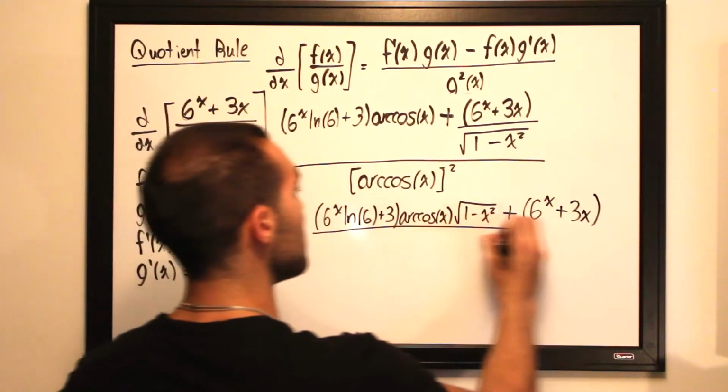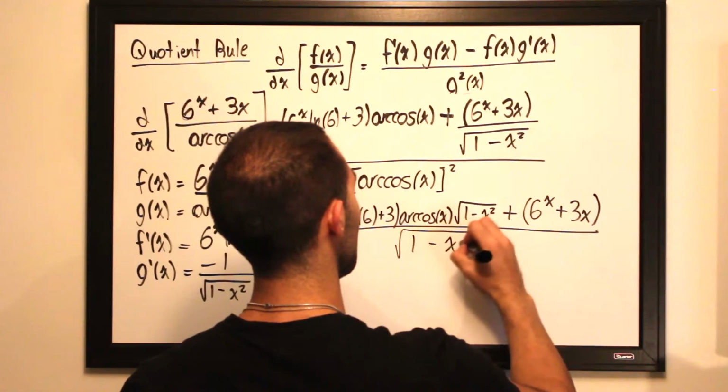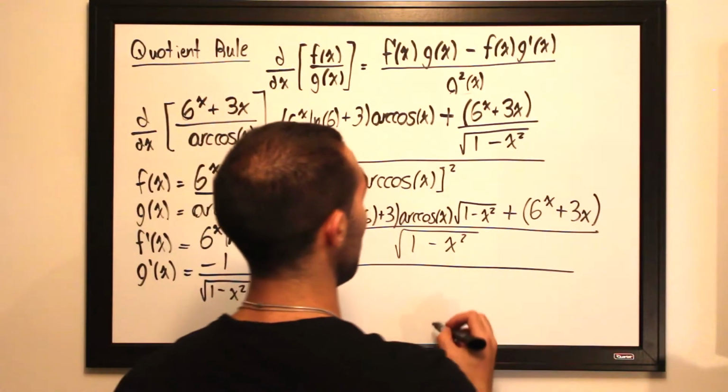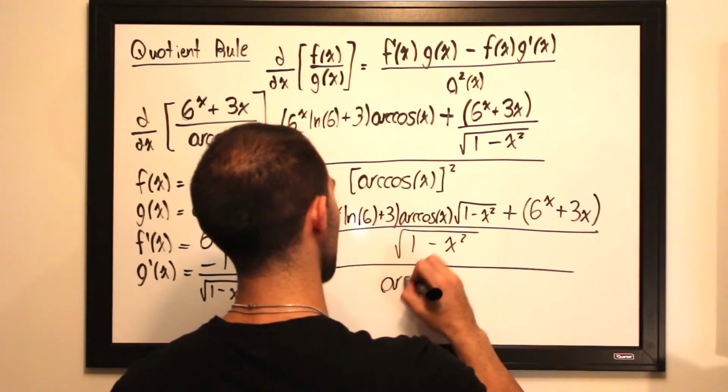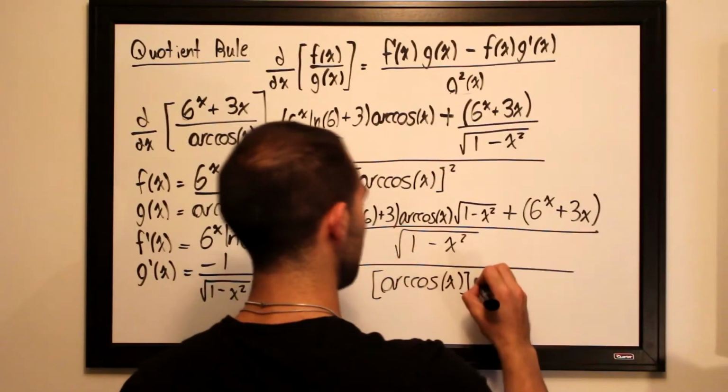And then all of this will be over 1 minus the square root of 1 minus x squared, and then all of this will be over arc cosine of x but squared.